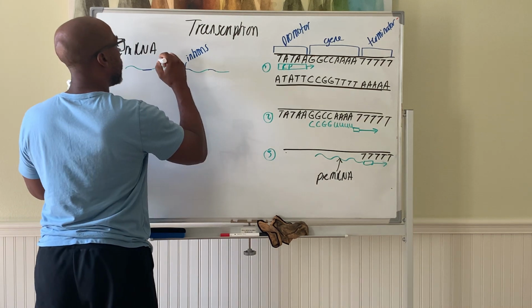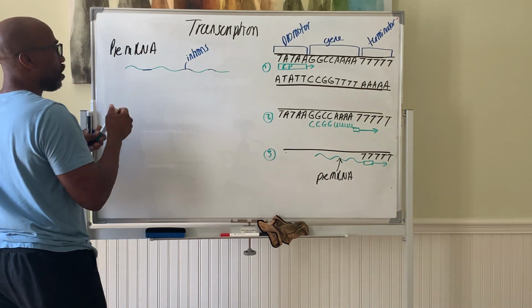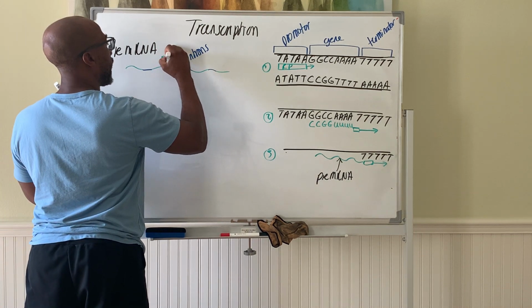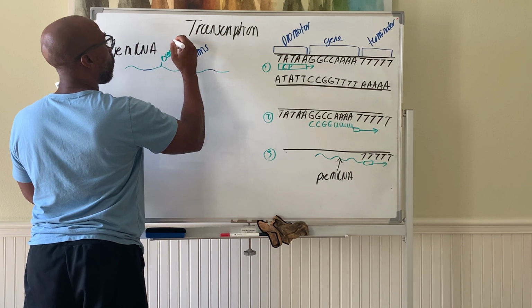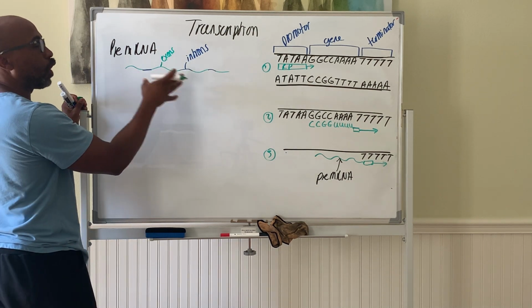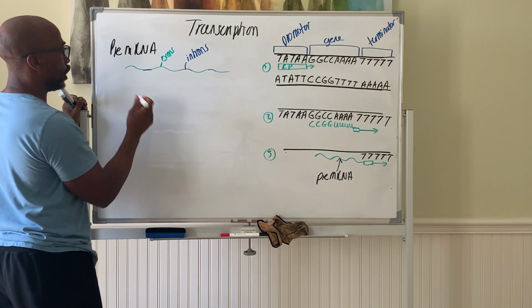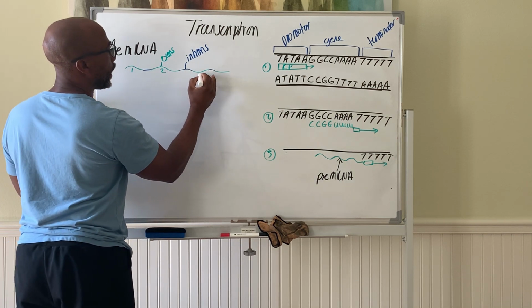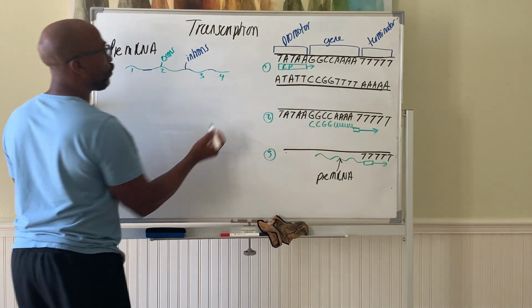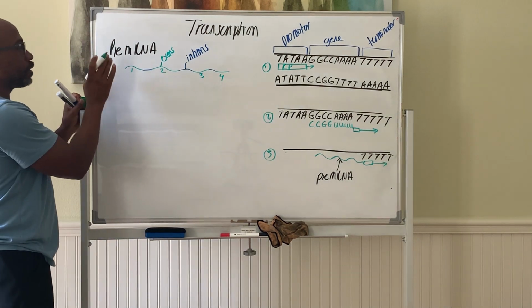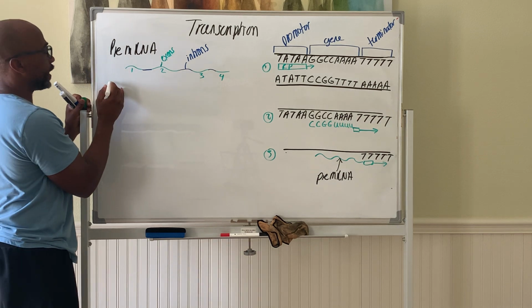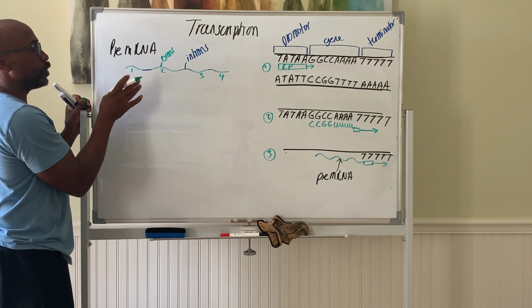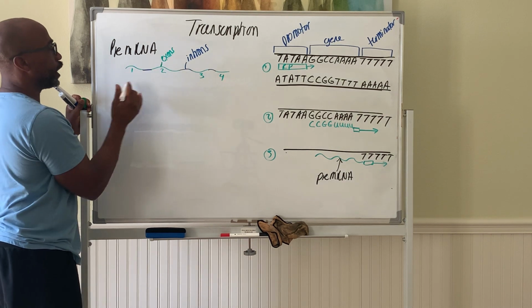And then the other parts of it are the exons. The exons are the ones that will code for the real gene. So let's call them exon 1, exon 2, exon 3, exon 4, okay? Once you make the pre-mRNA, the cell uses an enzyme to remove the introns.